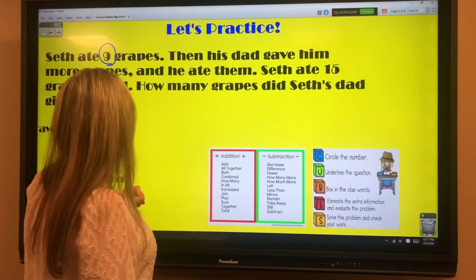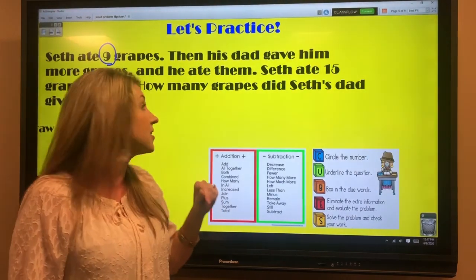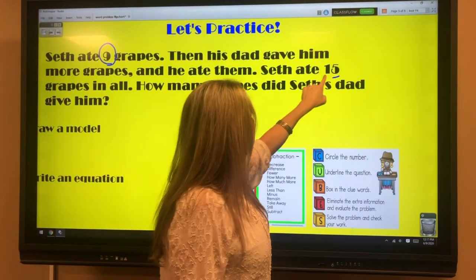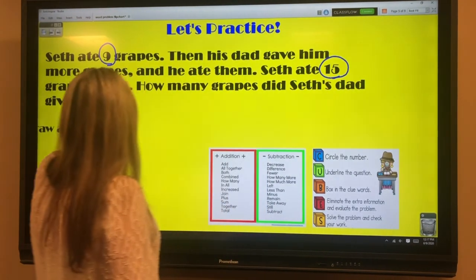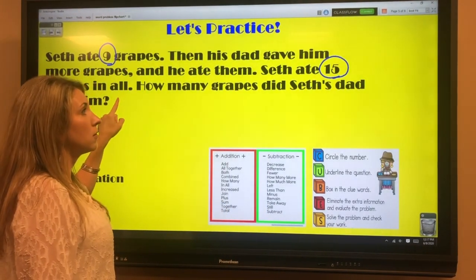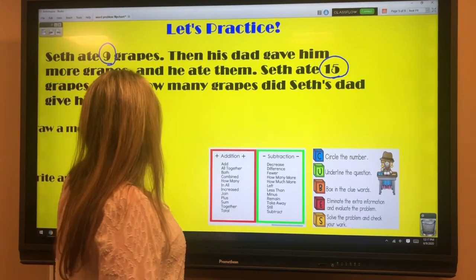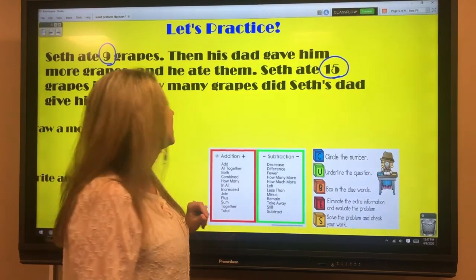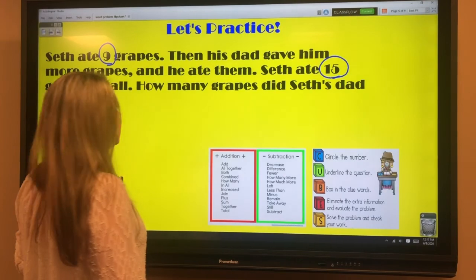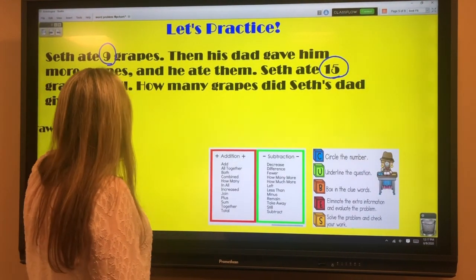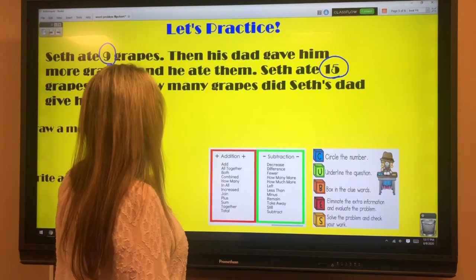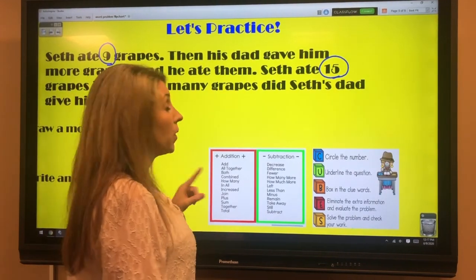I do see the number 15 in this sentence. I think the number 15 is important because it says he ate 15 grapes in all. Now let's read our last sentence. How many grapes did Seth's dad give him? I don't see any numbers in that last sentence, which is our question, but we will come back to that because that's important.